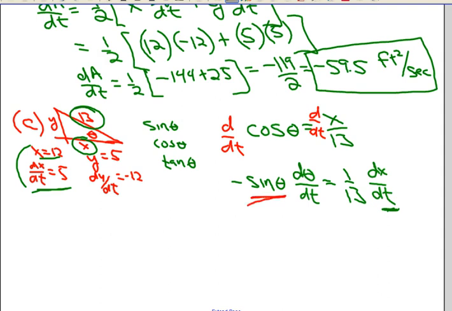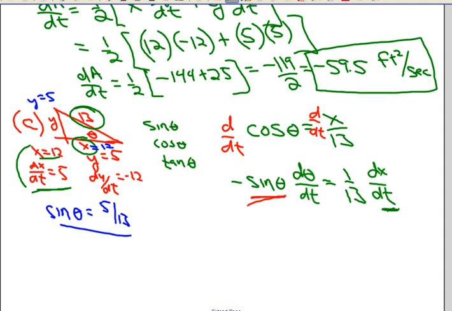So I come back, I look at my triangle, and I notice here in my triangle, now that I've taken the derivative, I know, look, x was 12. I knew y was 5. I know SOHCAHTOA. So the sine of theta is the opposite 5 over the hypotenuse 13 at that moment in time. So I can use that value as I sub in.